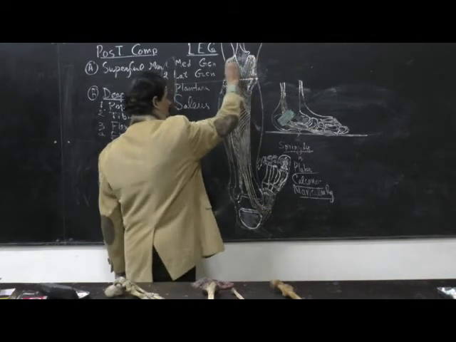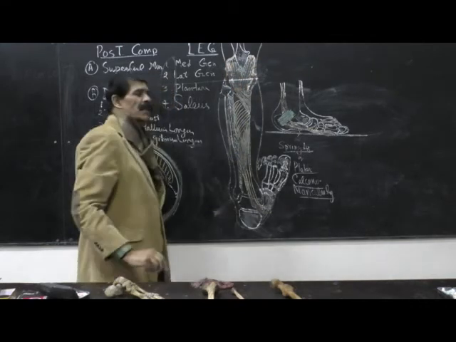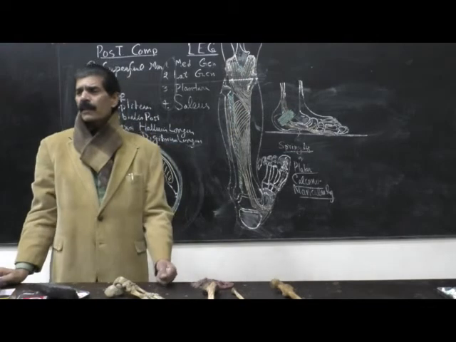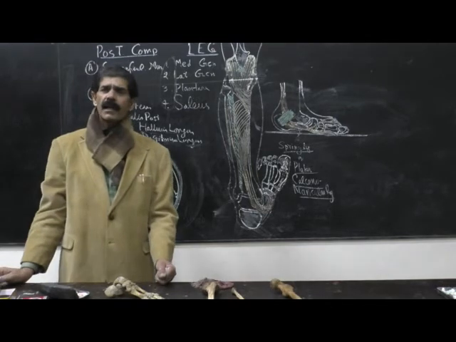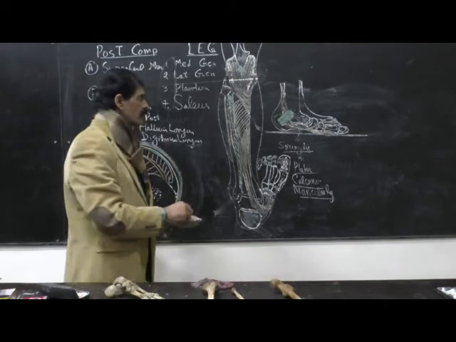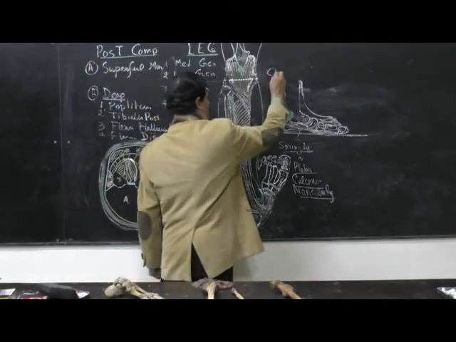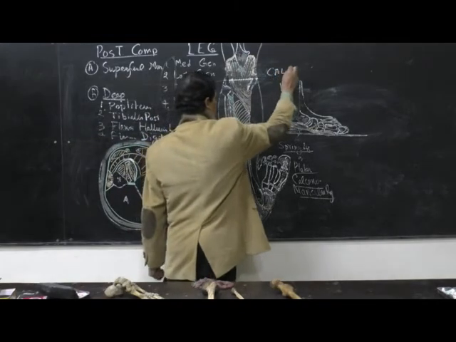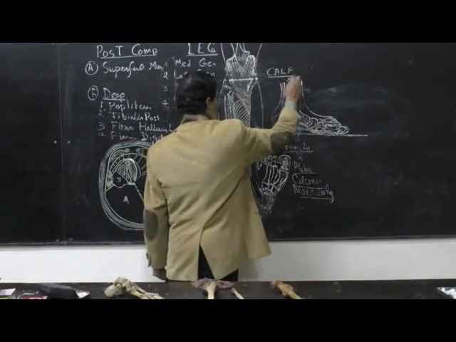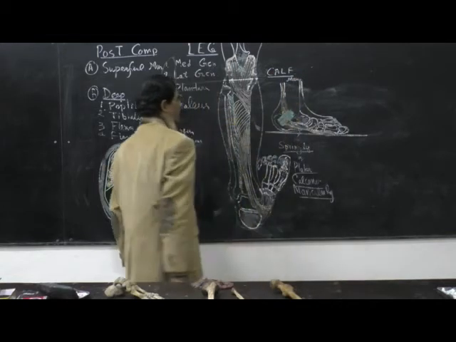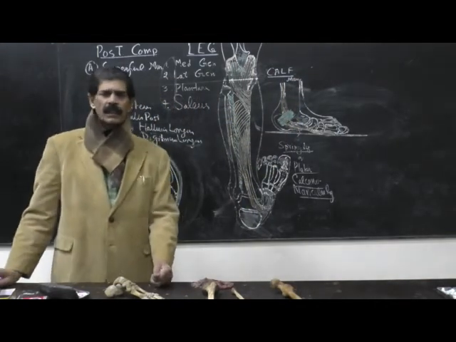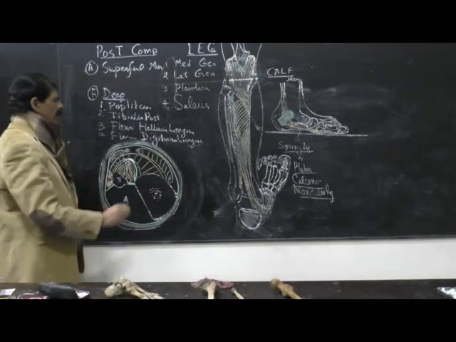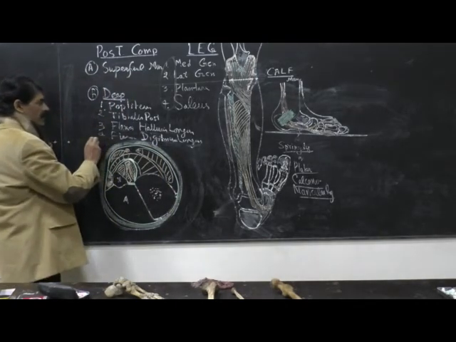These are quite thick muscles, and they form the bulge over the upper part of the posterior aspect of the leg. They are called the calf muscles. Sometimes, in some people, the plantaris muscle is also present.